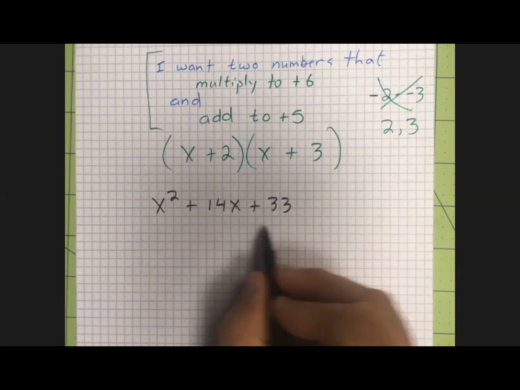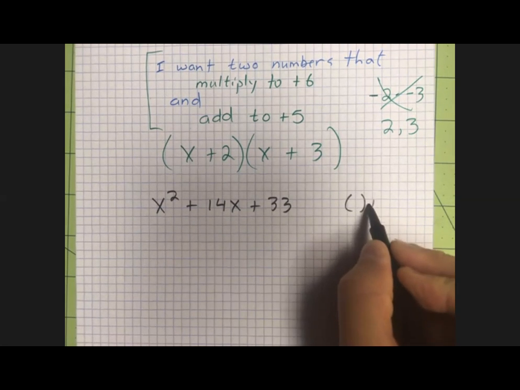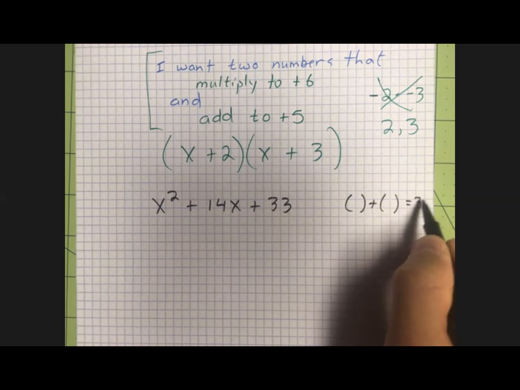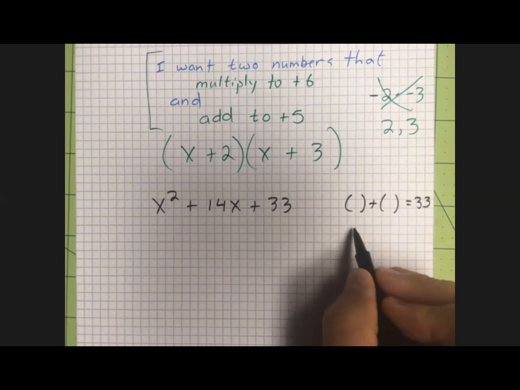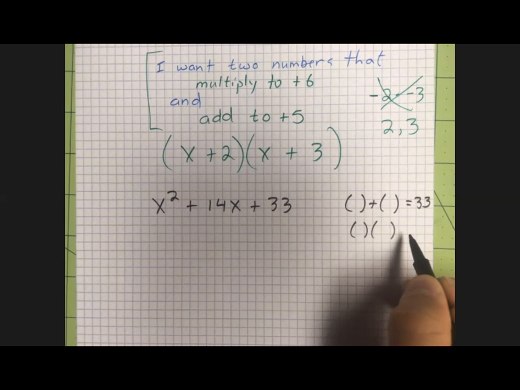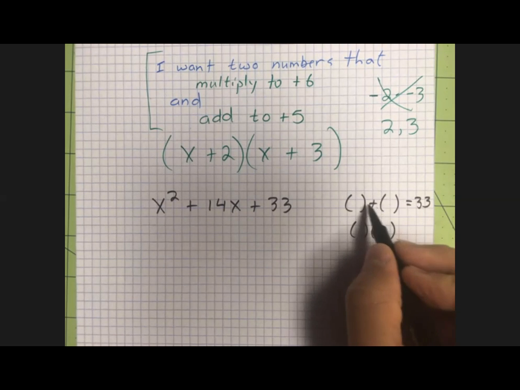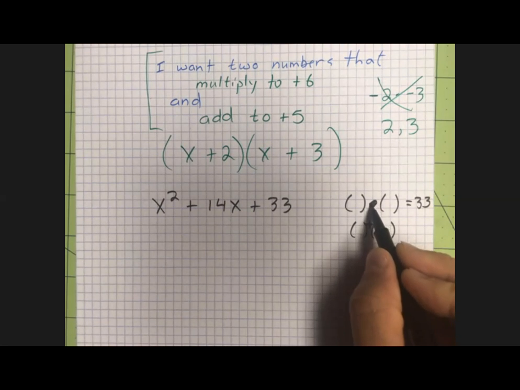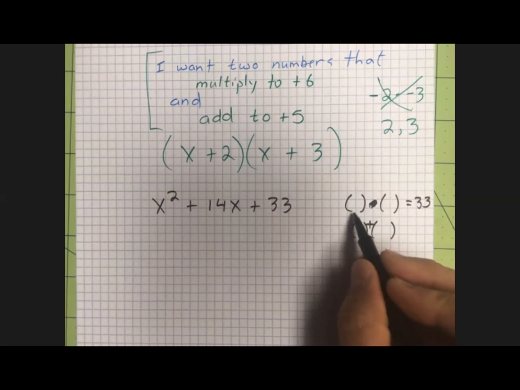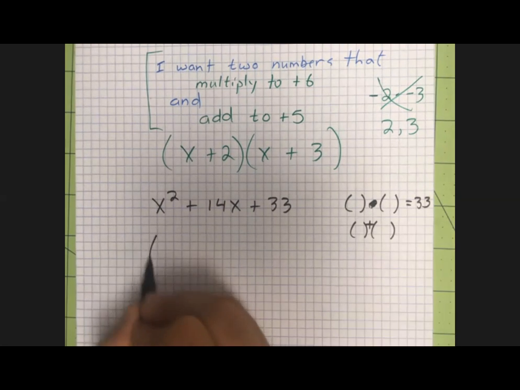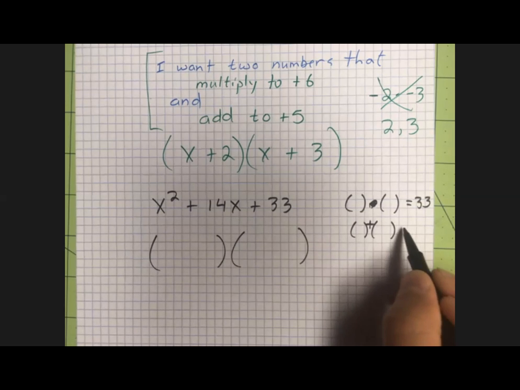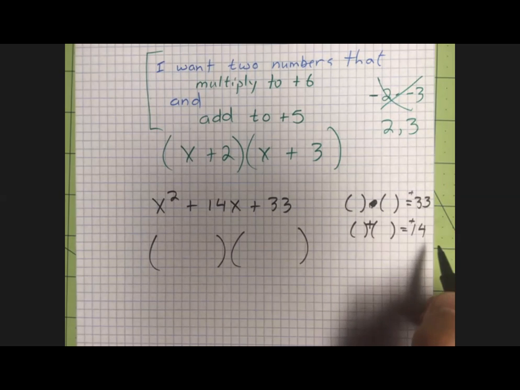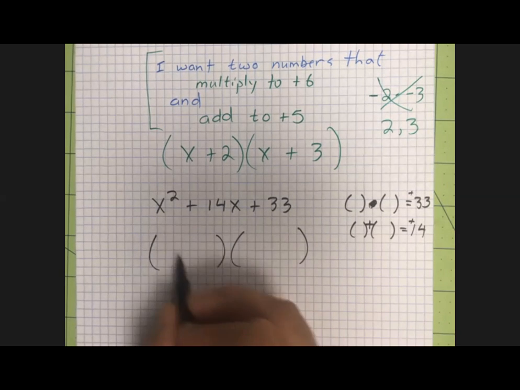Can you give me 2 numbers that multiply to 33 and add up to 14, both positive? What are they? 11 and 3. Yeah, thank you. You guys are faster than I am.